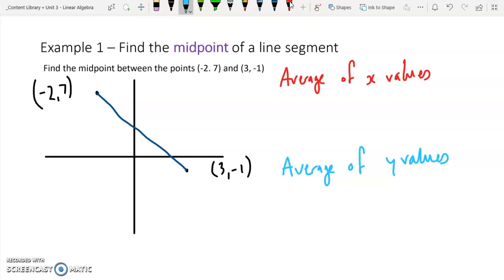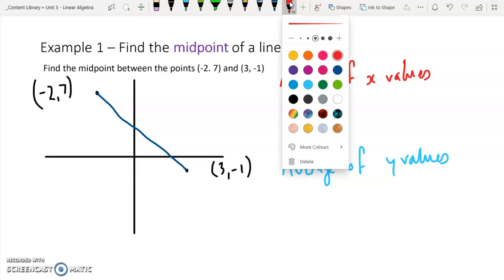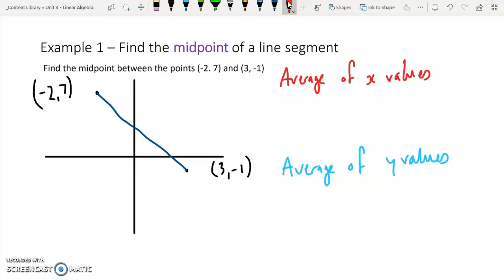If we start with the x values, I'm just going to draw up our triangle again, it's what we use to help.